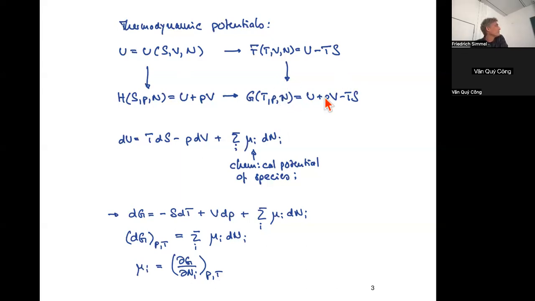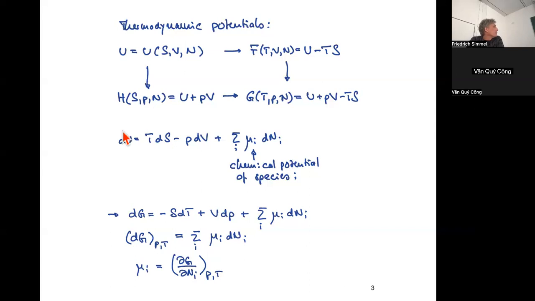And then therefore you have this Legendre transform in here, where you convert the internal energy into G, and then you look for the minimum of the free energy to find the thermodynamic equilibrium state for such a system.